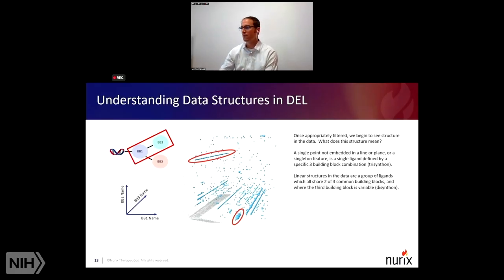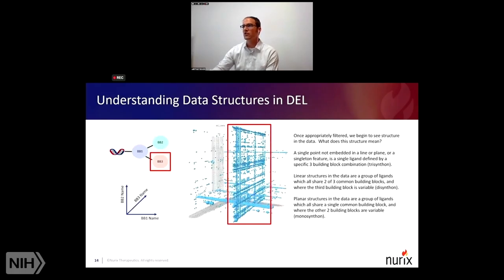And finally, following this logic, we have these plane features, and these are the group of related ligands that all share a single building block. So we call them monosynthon features. And again, this is maybe telling you that there's a specific warhead represented in your library that is crucial for binding, or it can tell you that sort of information about the SAR.